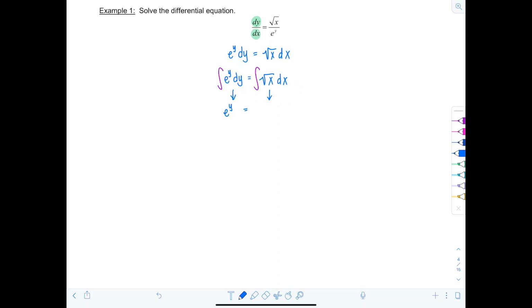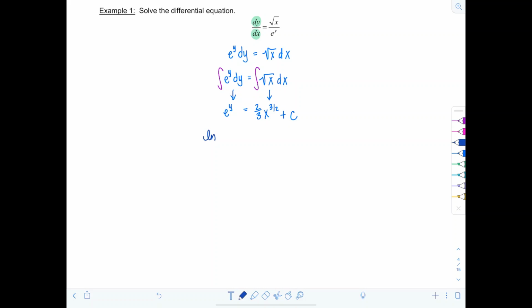So let's see here. This is x to the 1/2. If I add 1 to the exponent, it's going to become x to the 3/2. Divide by that new exponent, so it's 2/3 x to the 3/2, and then put the plus c here. All right, looks good. Now let's see, can we solve for y? Can I isolate it? Well, sure, let's take the natural log of both sides.